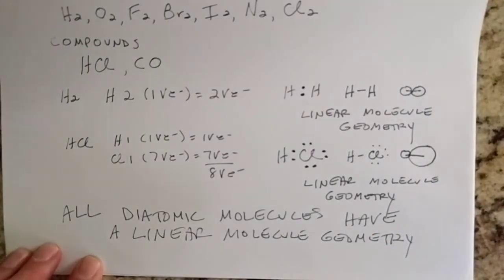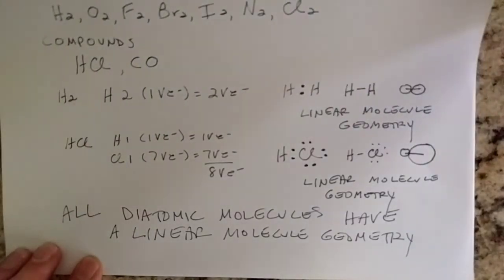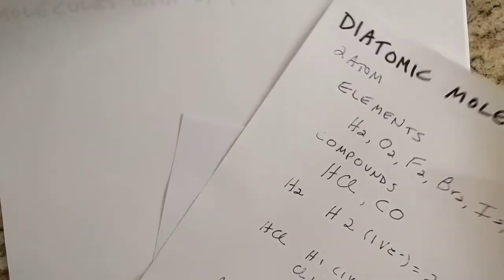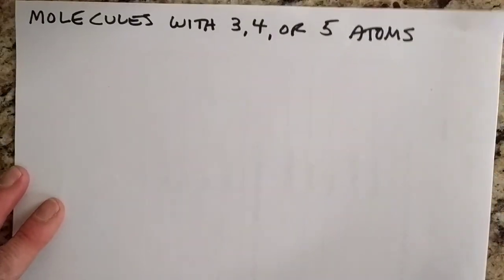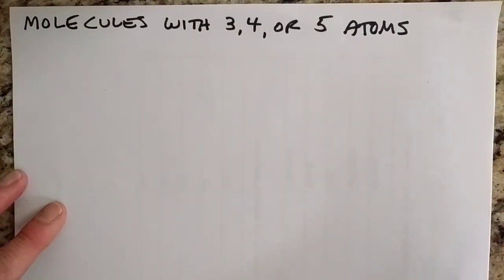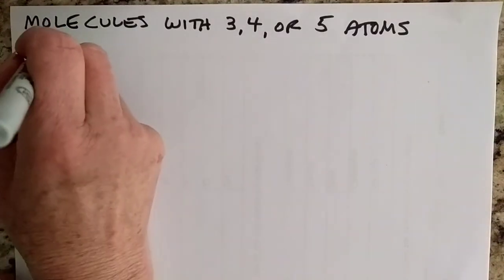So you don't have to do anything else. All you need to know is that if you have 2 atoms, it's linear. However, if we have 3 atoms, or 4 or 5, then we're going to have to do a little more work. So if we look at molecules with 3, 4, or 5 atoms, now we're going to use what is known as the VSEPR theory.